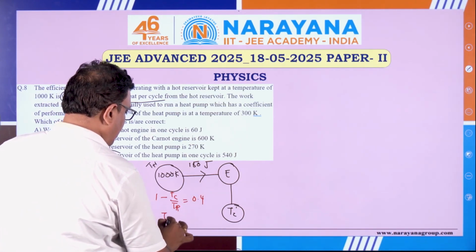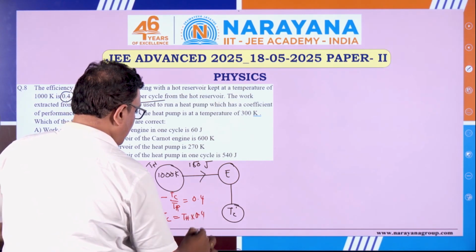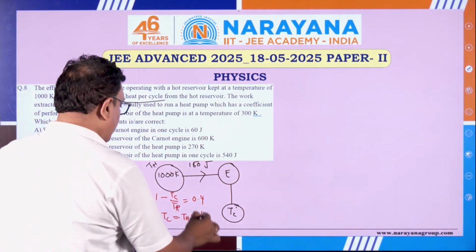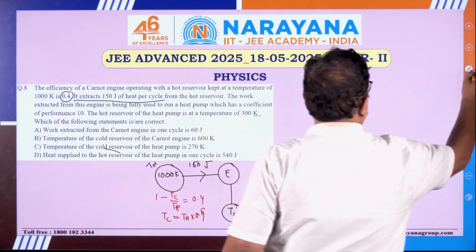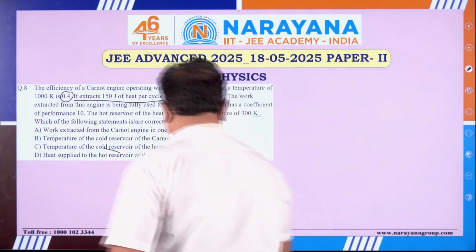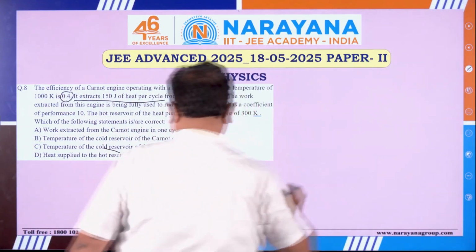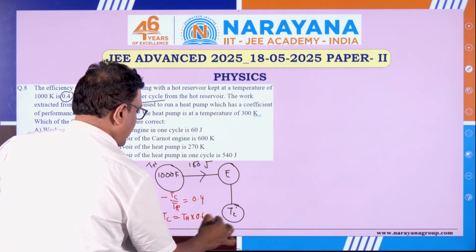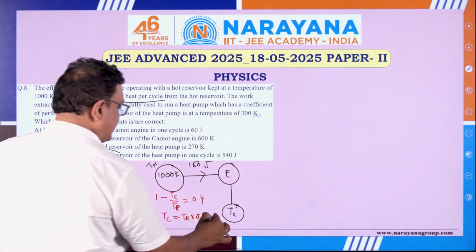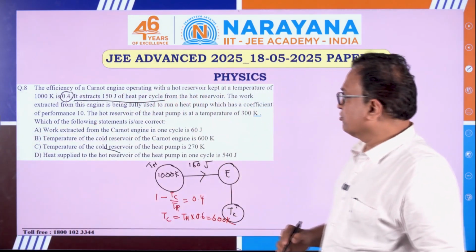So therefore T cold is T hot times 0.6, not 0.4, since it is 1 minus 0.4. So this works as 1000 into 0.6, which is 600 Kelvin. Let me see, am I going to benefit anything?